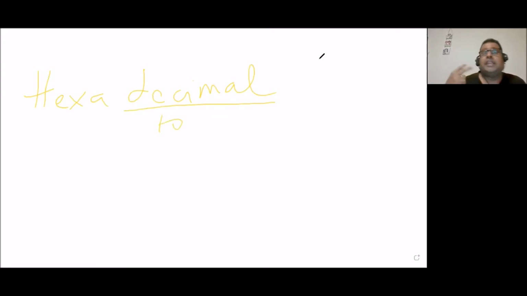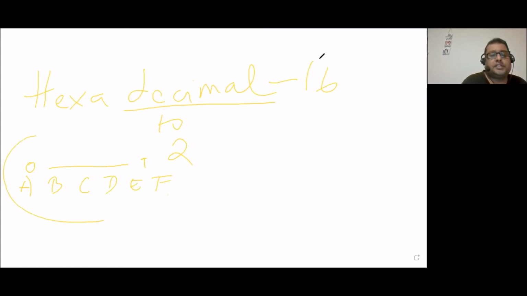Binary is base 2, there are only 2 numbers. In the hexadecimal system, there are 16 of them. You go 0 through to 9, then comes A, B, C, D, E, F, representing 10, 11, 12, 13, 14, 15. So altogether 16 of them.